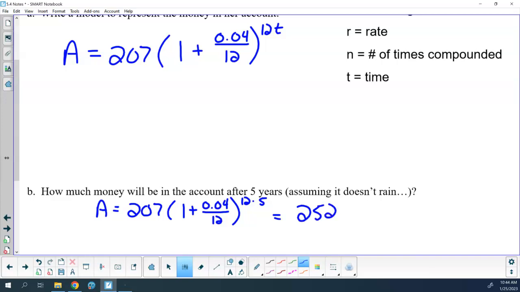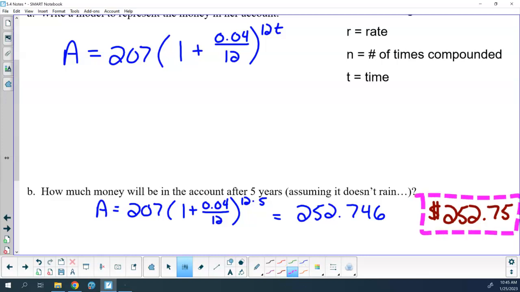Get 252.746, but because this is money, that's going to be 252.75.